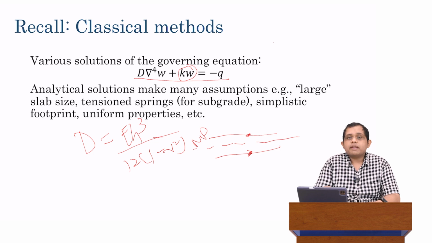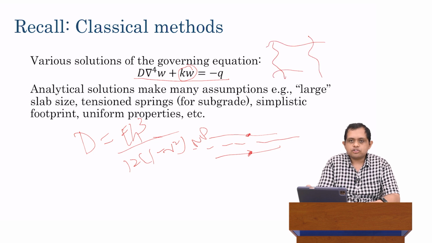Now, we saw many analytical solutions starting from Westergaard's theory. So in Westergaard's theory, as a reminder, we had 3 solutions which Westergaard came up with. One was when the plate was loaded in the interior. So what that meant is the JPCP has certain joints. The joints were assumed to be very far away, and then we had the load somewhere in the interior.